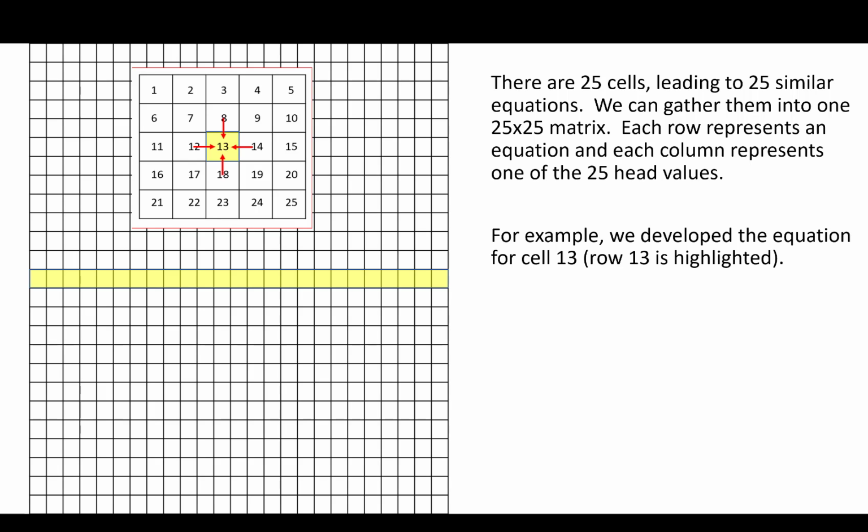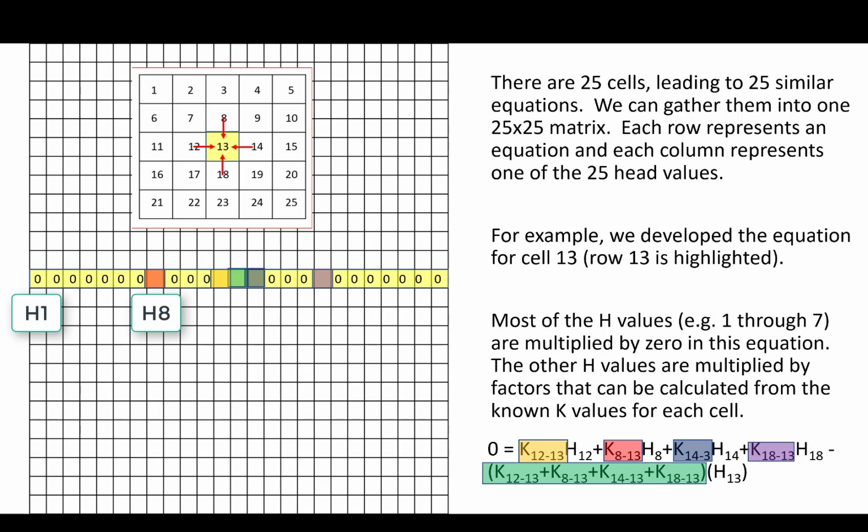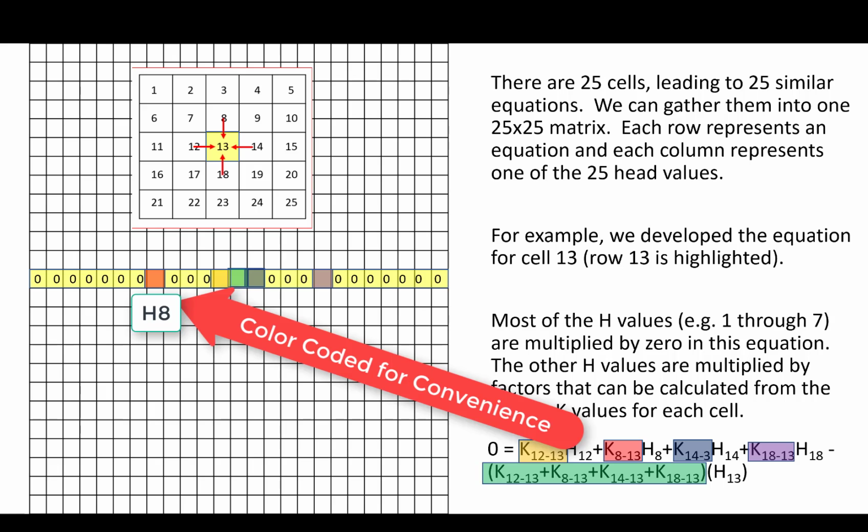But only some of the head values are involved, those in the surrounding cells and the middle cell. If we were to write an equation that had every head cell included, most of those would be multiplied by 0. Every other head cell is multiplied by some effective k, which is a combination of k values that we know.